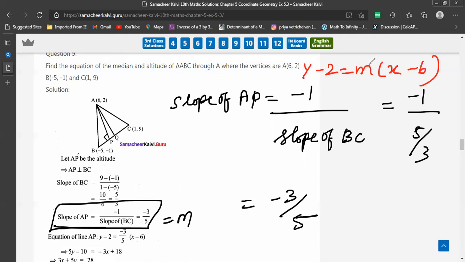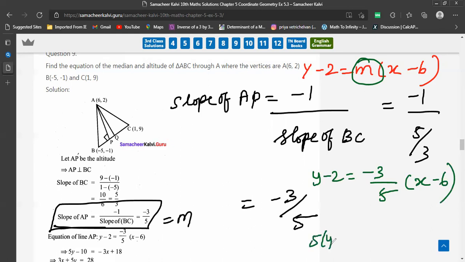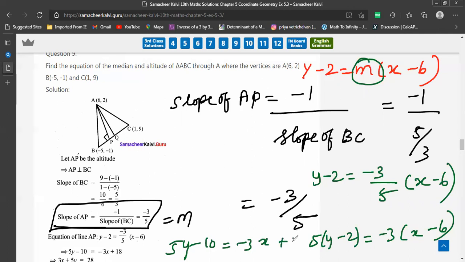So just substitute that m over here. M is negative 3 by 5. So it's y minus 2 is equal to negative 3 upon 5 into x minus 6. So it's 5 into y minus 2 is equal to negative 3 into x minus 6. You simplify this, it will give you this result.